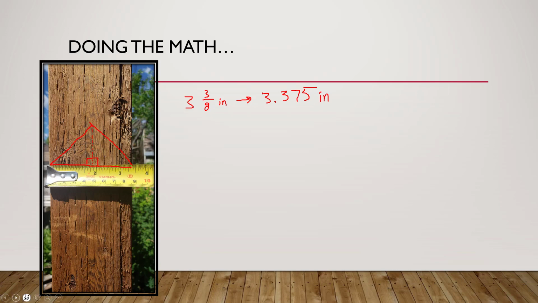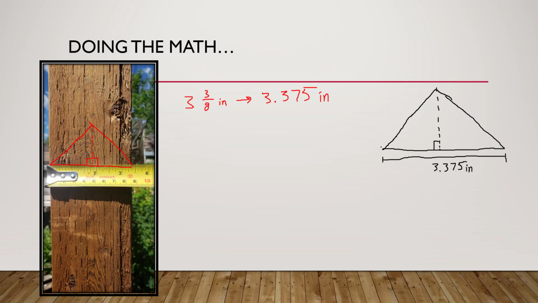I'm actually going to draw this diagram larger so it's easier to see, just not on the busy background of that photo. So I know this whole thing is 3.375 inches. And then here we just divide this guy by 2.